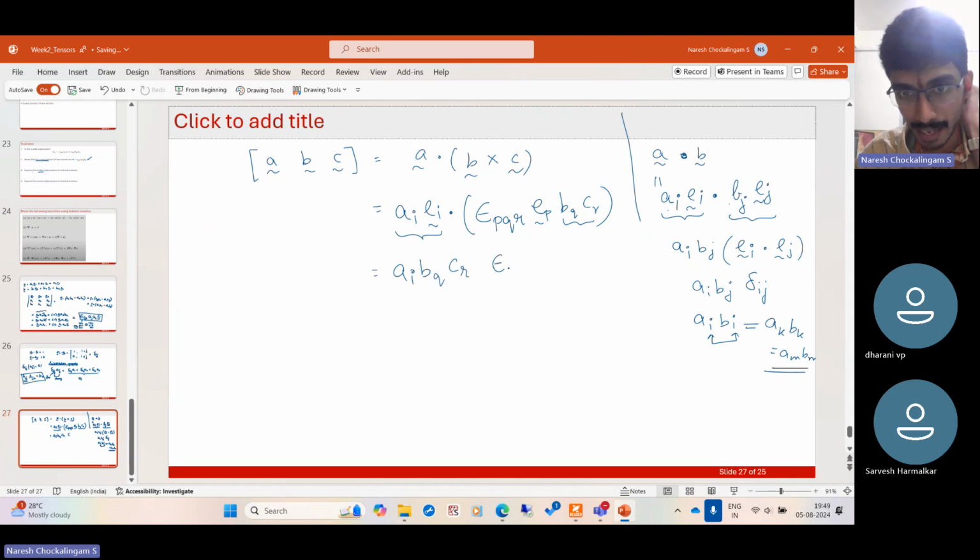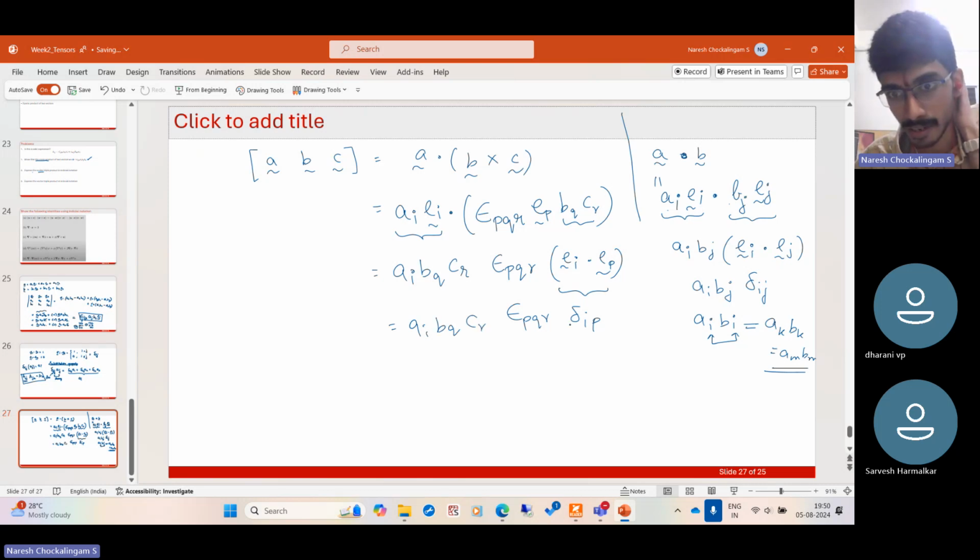And I have epsilon pqr, which is a component of a third order tensor. And the dot product is only between these two, which is ei dot ep. ei dot ep is delta ip, epsilon pqr, ai, bq, cr.